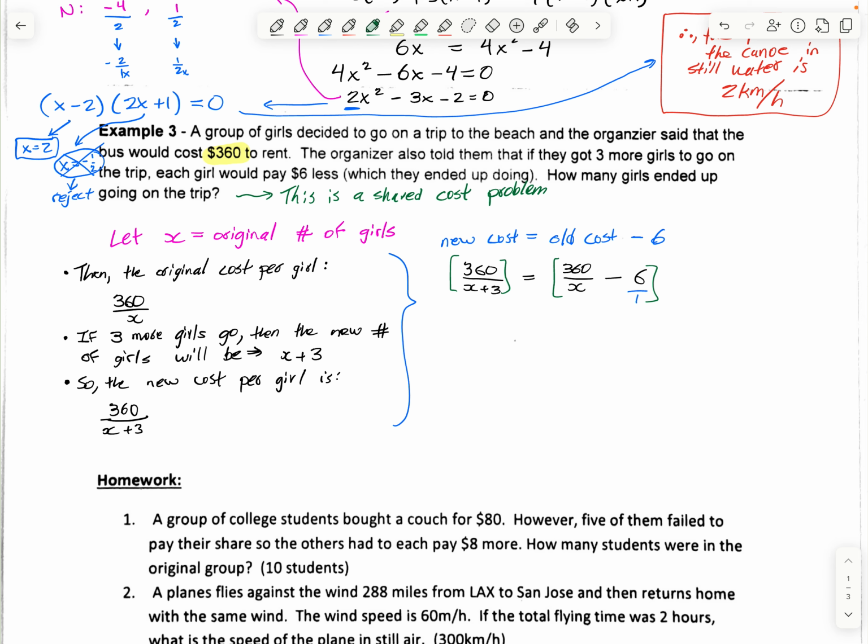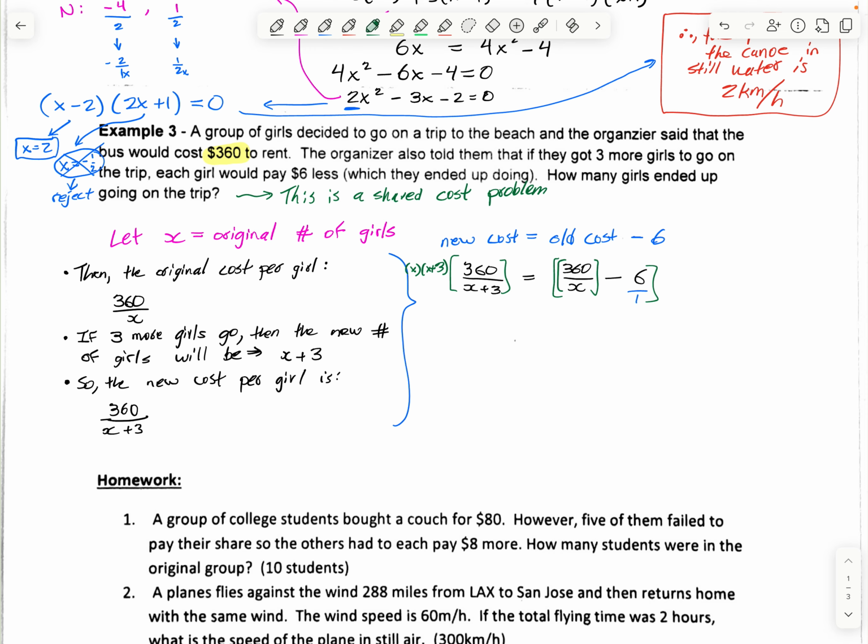So I'm going to multiply both sides by x times x plus 3. Multiply this side by x times x plus 3. Here you just have to be careful, because that entire x times x plus 3 that I'm multiplying goes into each term, right? Not just the last one or the first one. Maybe it makes sense if I write it like this.